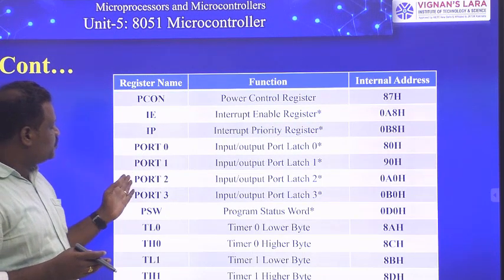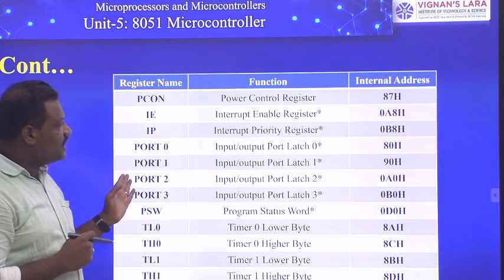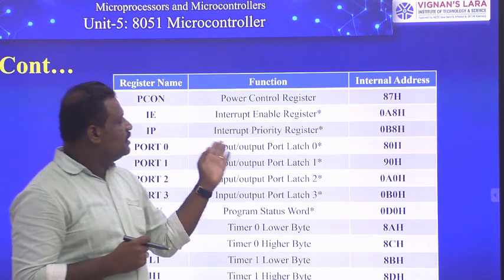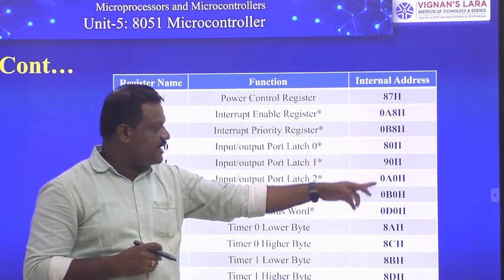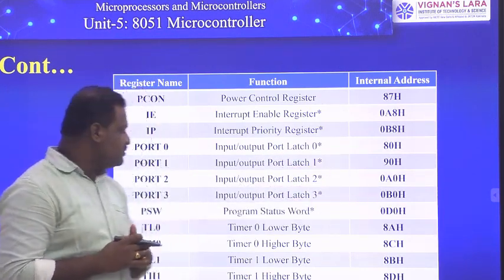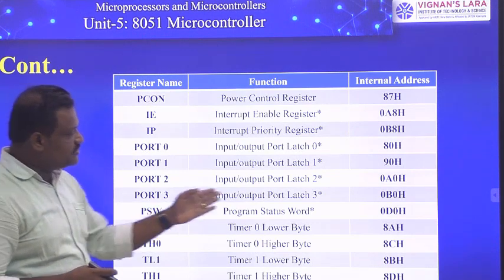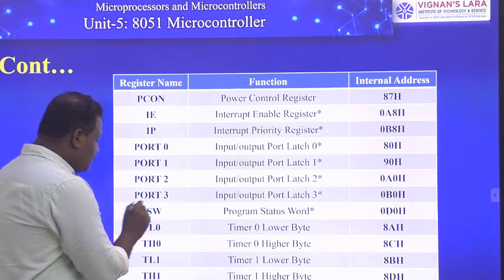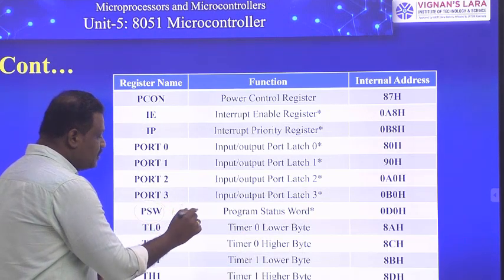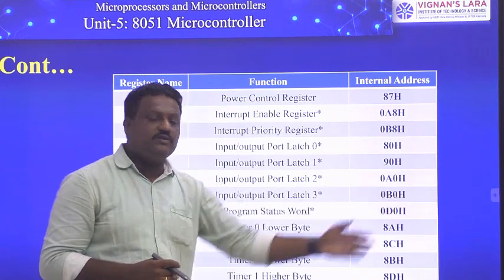So port 0, port 1, port 2, port 3, we just discussed in the pin configuration of 8051. Port 0, input output port. These are bit addressable: 80H, 90H, 0A0H, 0B0H. As well as PSW, program status word, again bit addressable, which we can consider as the flag register of 8051, whose address is 0D0H.